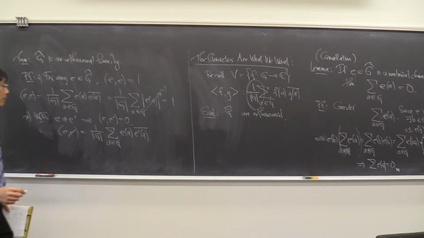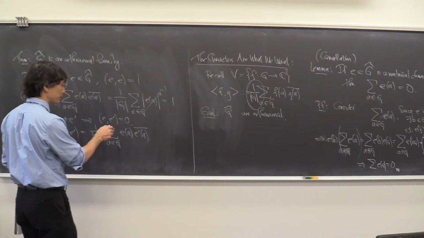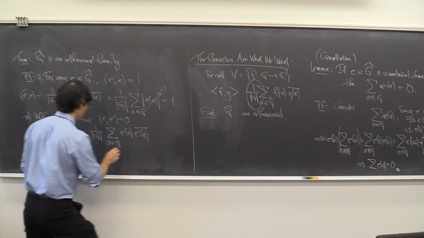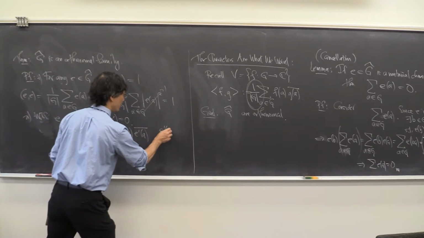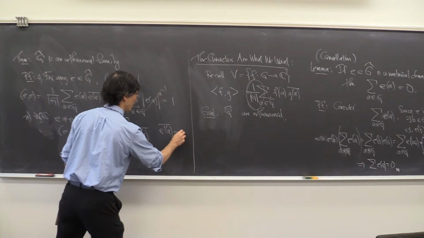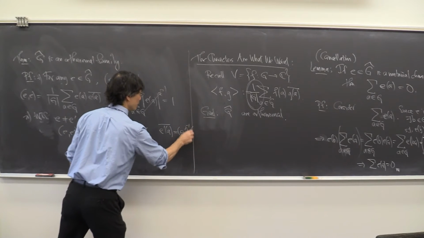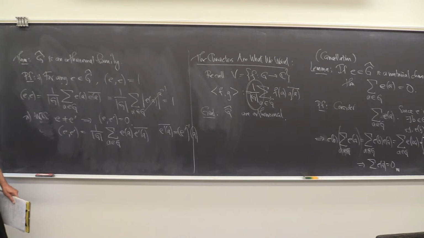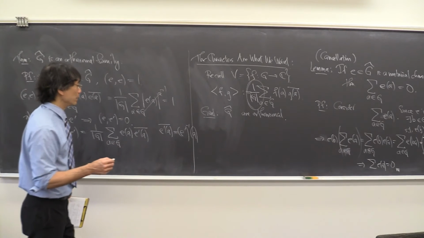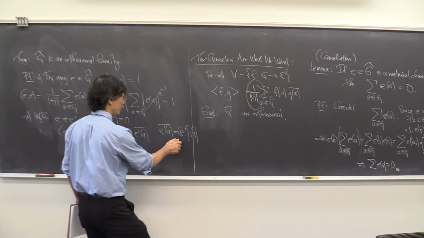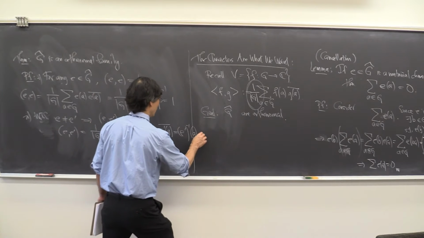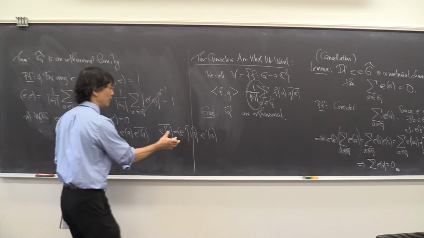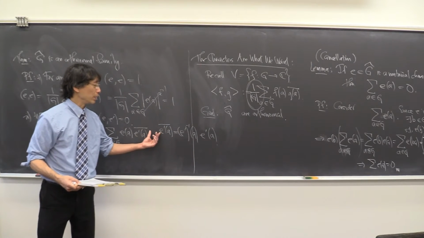Okay. But E prime bar is the same thing as E prime inverse of A, right, because when you multiply on both sides by E prime, you're going to get 1.